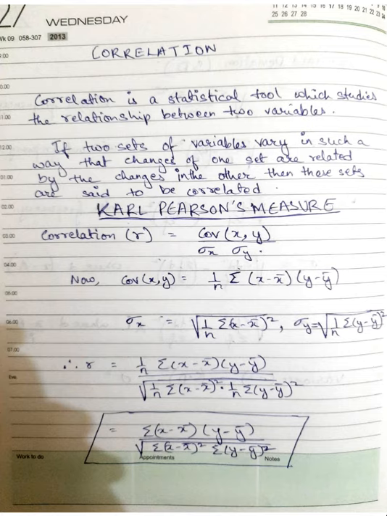If a positive change in one set of data is causing a positive change in the other variable, then we say that the two variables are positively correlated. If a positive change in one variable causes a negative change in the other variable, then we say that the two variables are negatively correlated.